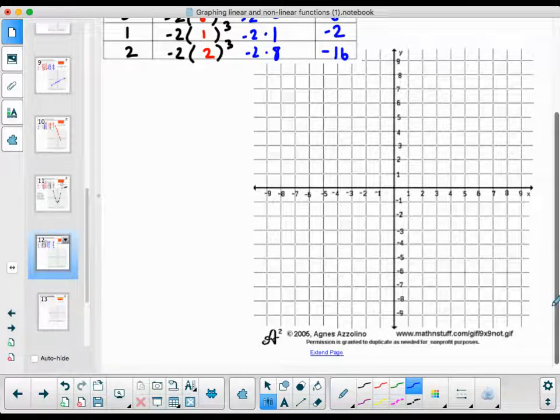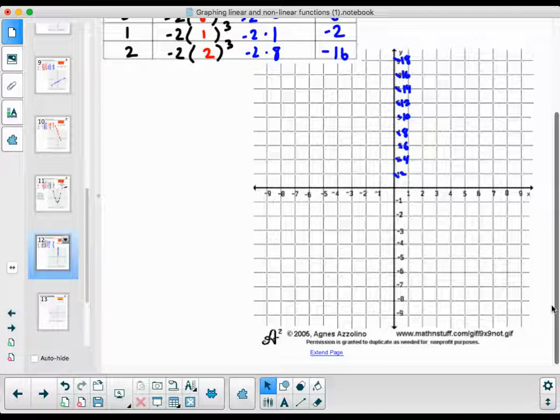Like in this one, we got 16 and -16. All I'm going to do is change this to be 2, 4, 6, 8, and so on. Okay, so each one is now worth 2 units.